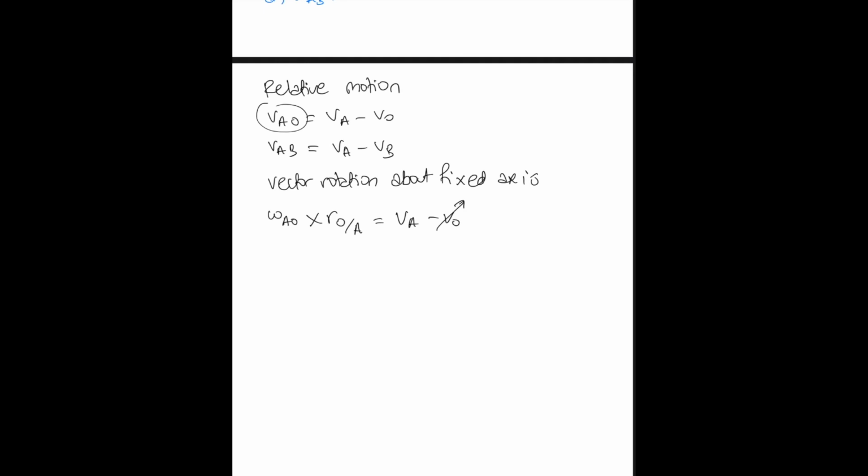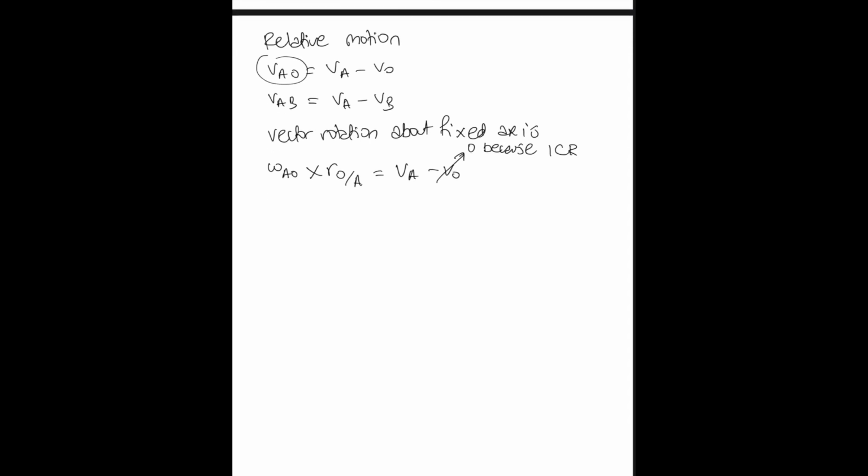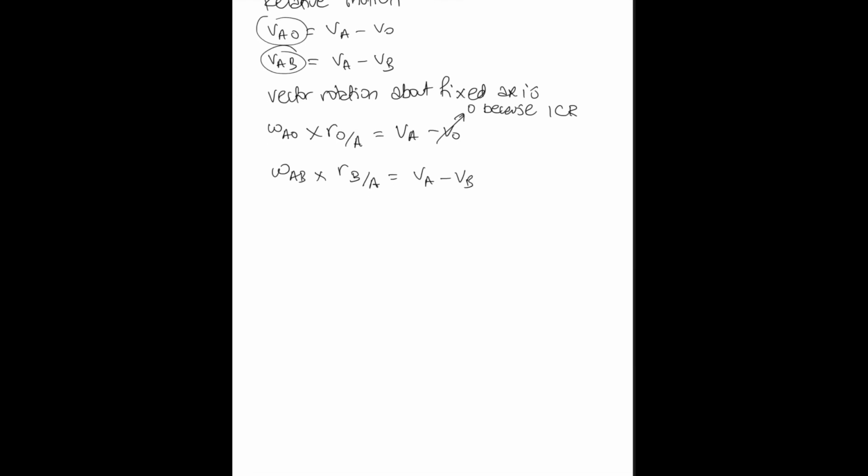However, we know VO is going to be 0 because it's the center of rotation. And we're going to do the same thing with the other one, omega AB cross product of radius of B with respect to A, is equal to VA minus VB.